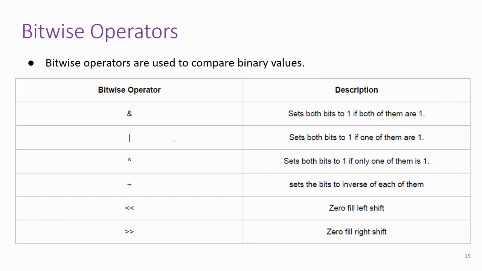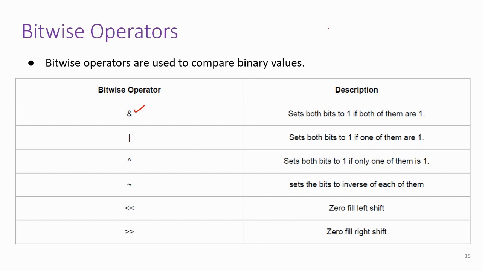Then we have the bitwise operators. Bitwise usually means binary digits. Bits means binary digits, say 1 0 1 0. One is a binary digit, zero is a binary digit, ones and zeros. If you want to perform bitwise operations, you can use these operators. We are not going into details, but for the time being, just understand that the and symbol is used for the bitwise AND operation.